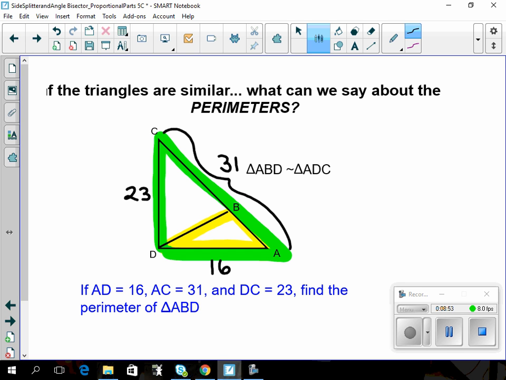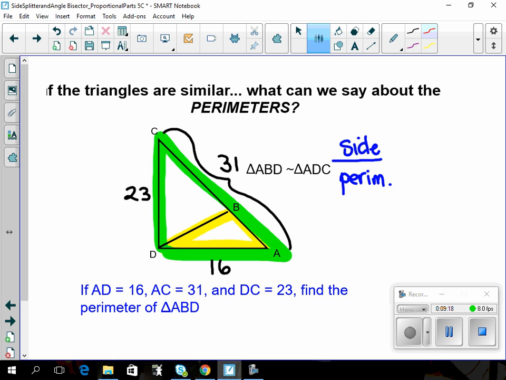So let's write a proportion that relates those two things, the sides and the perimeters. This kind of goes back to what we did with that quiz trade before break. So we're going to write a relationship between the sides and the perimeter. I have two triangles.